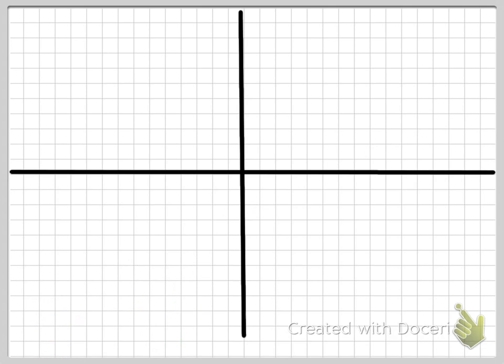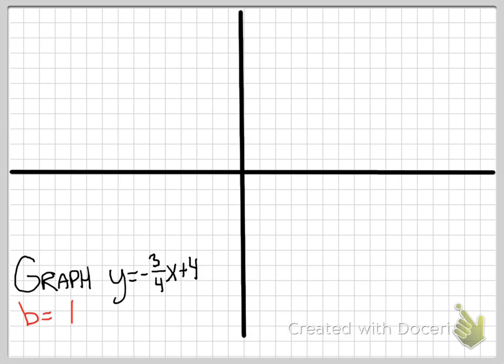In our last example, we've got an equation here that is in slope-intercept form. This is called slope-intercept because from it I can see right away that my b value, my y-intercept, is a positive 4. So this line is going to cross the y-axis at positive 4. I can also see from it that the slope is negative 3 over 4.